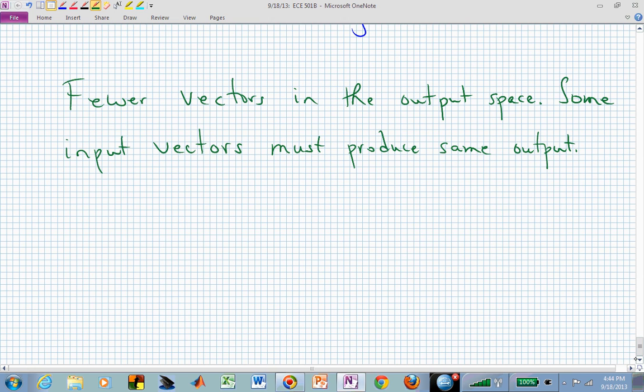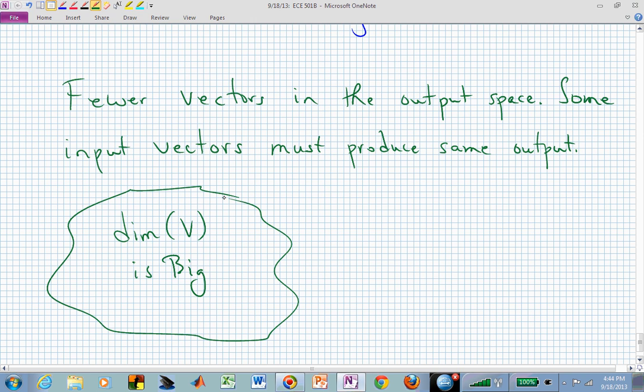Or in terms of a picture, let's say here is our dimension V, and now we have dimension W is small.